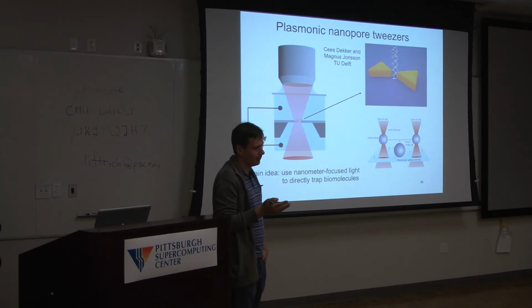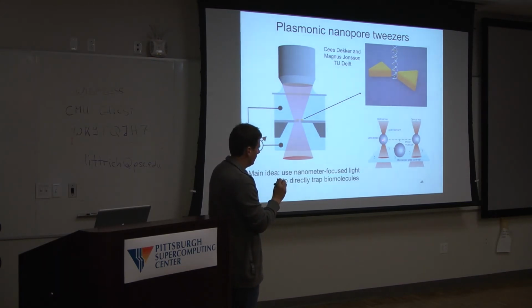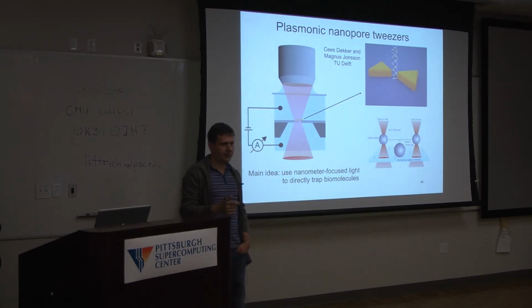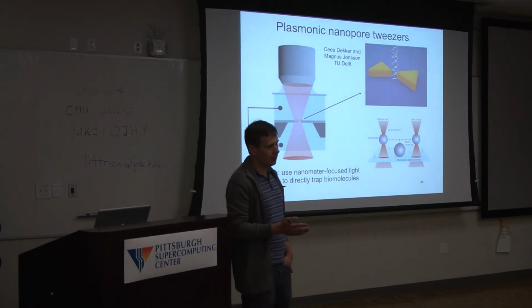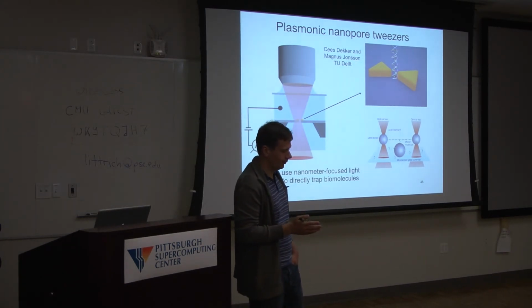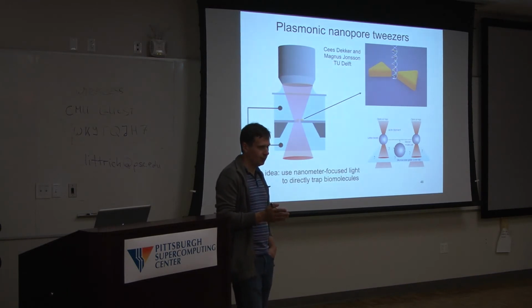In optical traps, you take a laser beam, and the laser beam is focused to a micron spot. And if you have a bead in there, it will apply a restraining force. Now, everybody knows that the wavelength of light is approximately 500 nanometers. And for that reason, it's almost impossible to use light to trap individual molecules, unless you use nanoplasmonics.